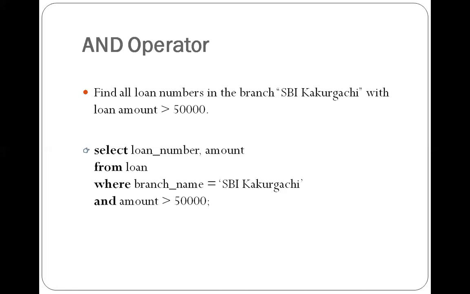Now I am telling one more thing, that I am always saying that select loan number comma amount from loan where, like that. But the examples are written here like select, from in the second line, where in the second line. All of you can follow both ways.